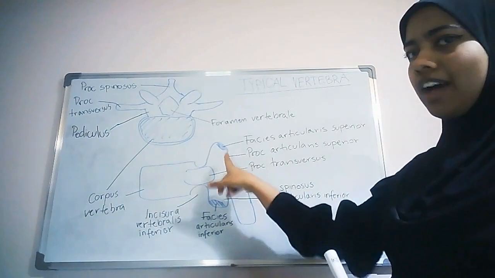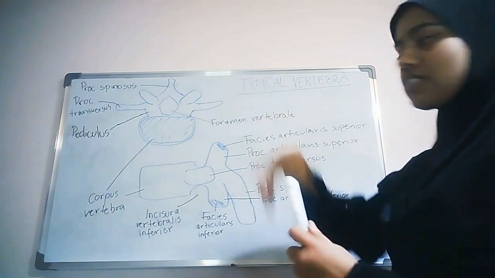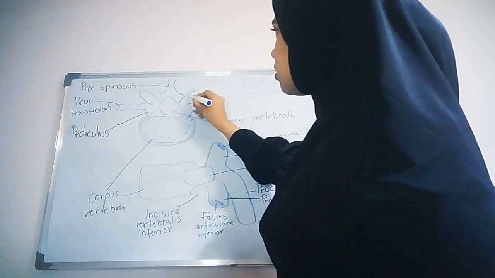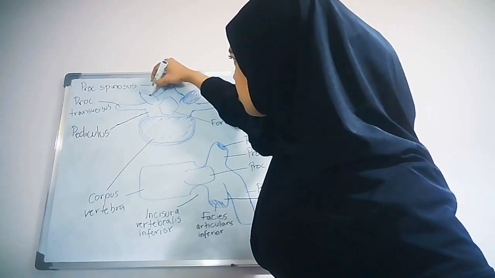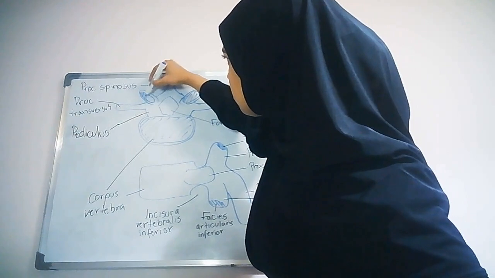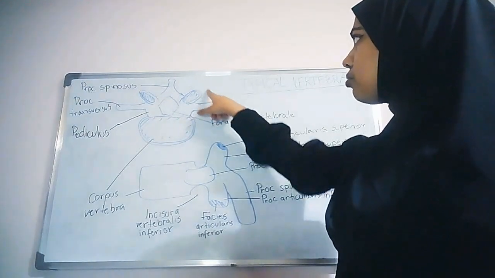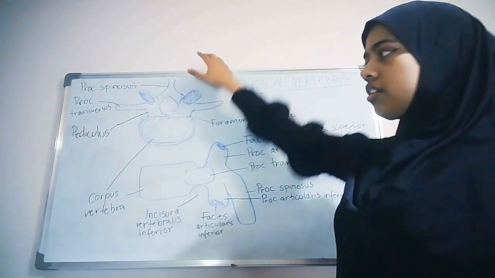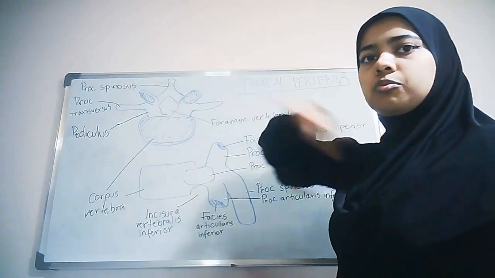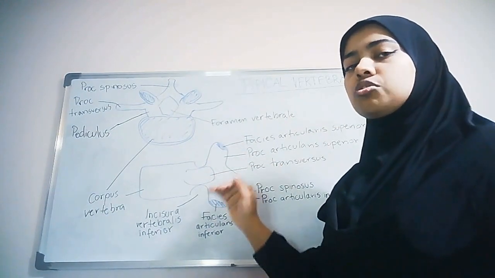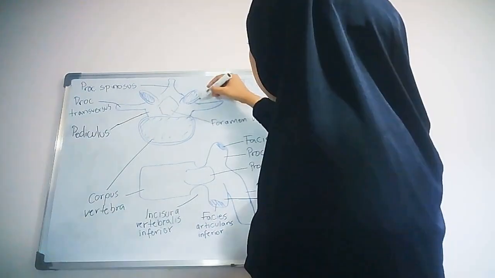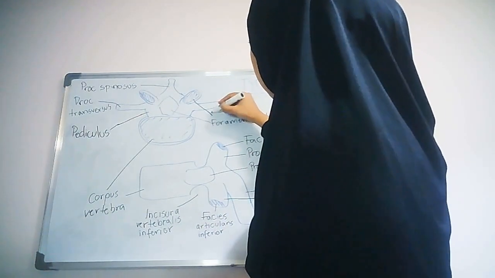And what do we have in these? We have this flat surface. We have our facies. I'm trying to highlight the facies. Here we have the processus articularis superior, and the highlighted blue will be the flat surface, the facies articularis superior. I put it here.